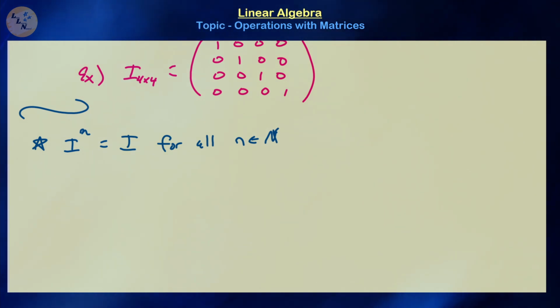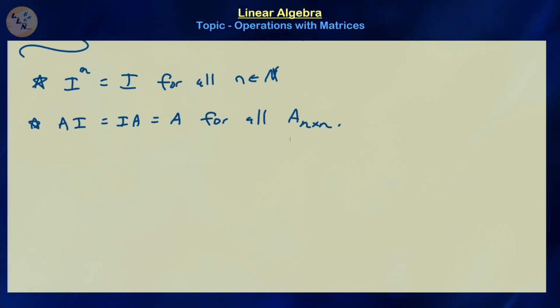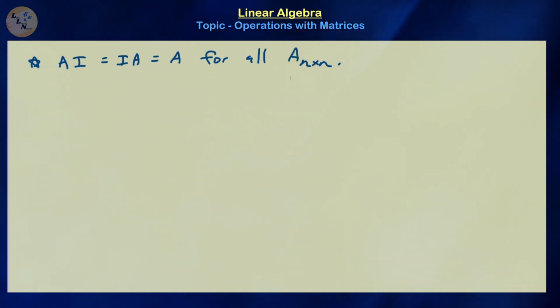The next theorem that you definitely should know is that AI, the product of any matrix A with I on the right, and IA, the product with I on the left, are all equal to A for all matrices that are square, so that's an n by n matrix. So identity matrices, very, very useful.